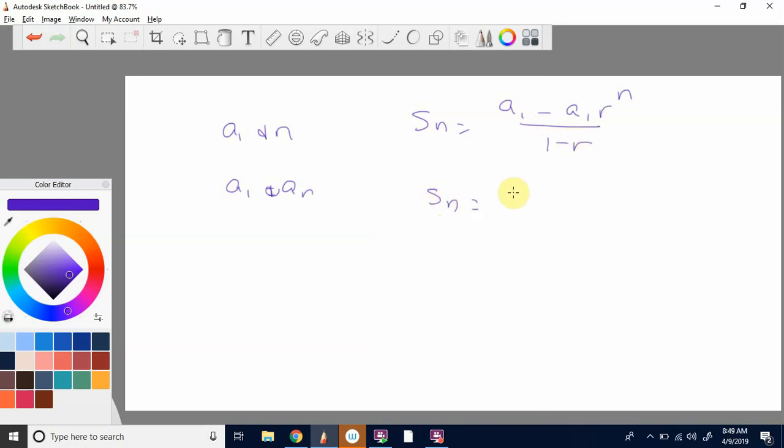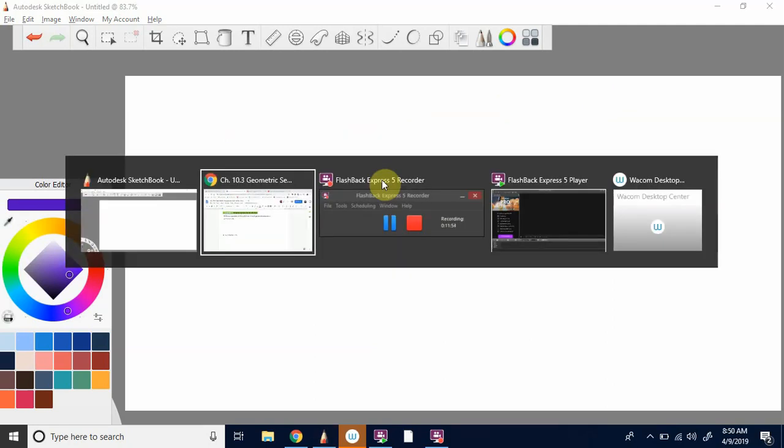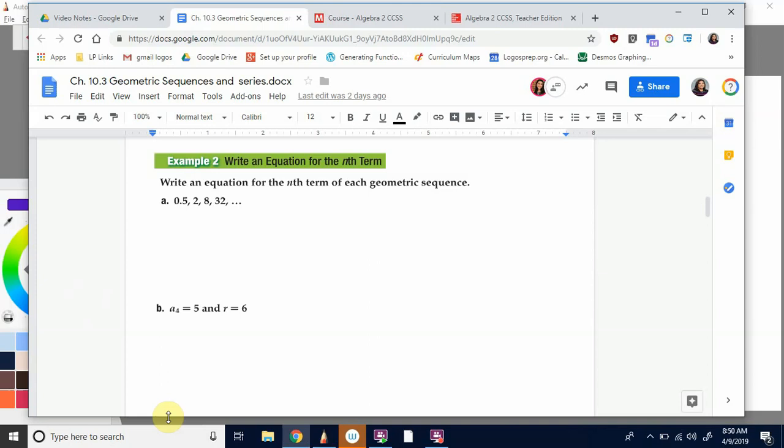The second one is s of n equals a sub 1 minus a sub n times r over 1 minus r. Just like before, we've got 2 sets of formulas. It doesn't matter, we just have to make sure we have the right parts. So let's go back and look at example 4, which refers back to our real world problem.